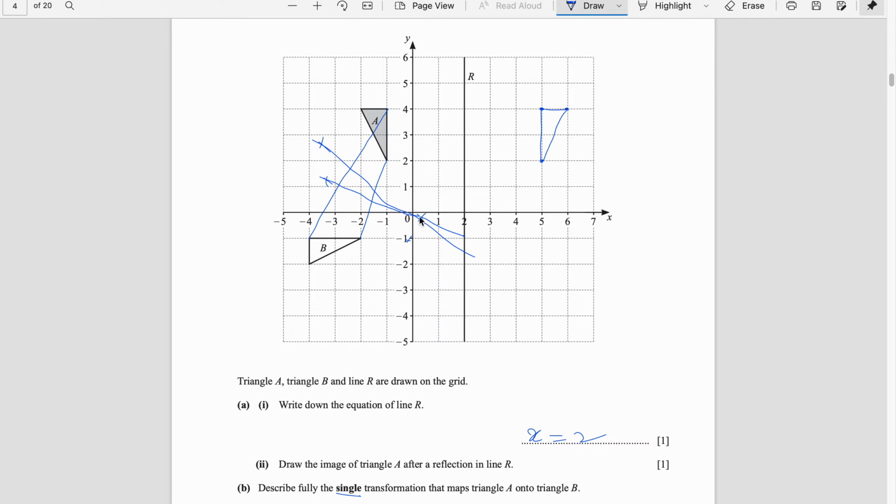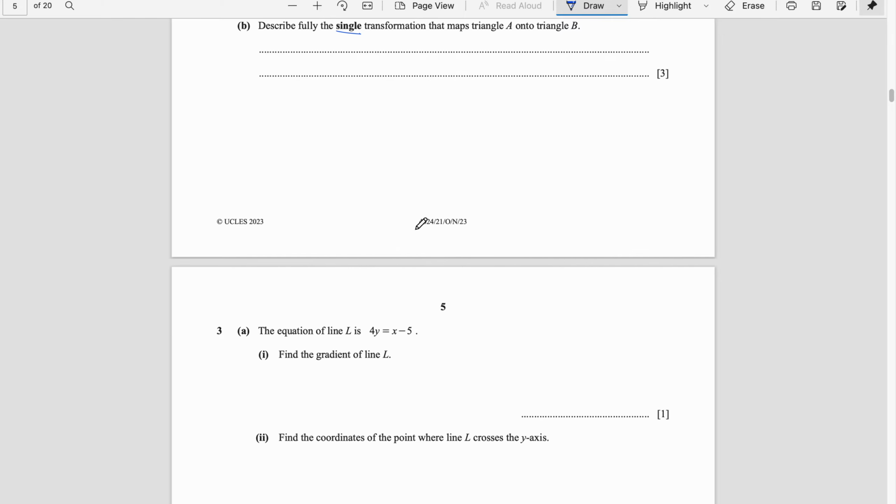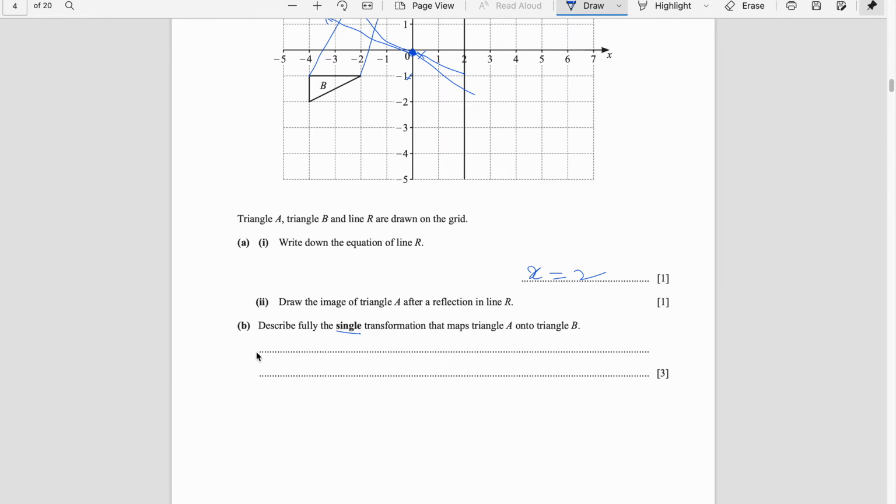Find their perpendicular bisector. Where they intersect would be the center of rotation. In this case, it is the origin. So it is clearly a 90 degrees anti-clockwise rotation about the origin.